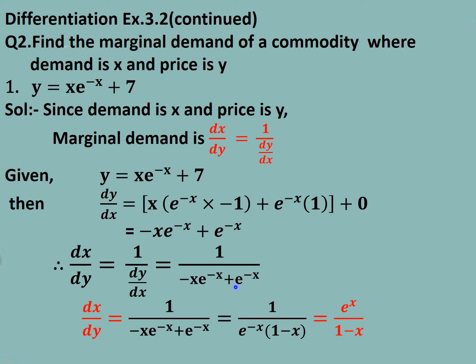This is 1 remaining in this term and minus x in the first term. So 1 minus x. Now we can take this e raised to minus x to the numerator as e raised to x. So dx upon dy is equal to e raised to x divided by 1 minus x.